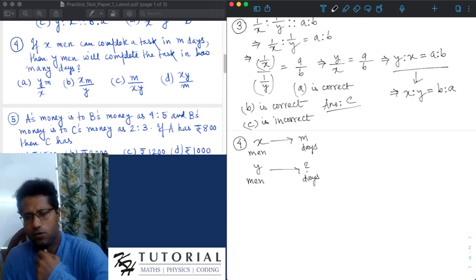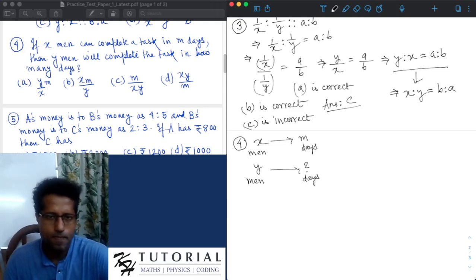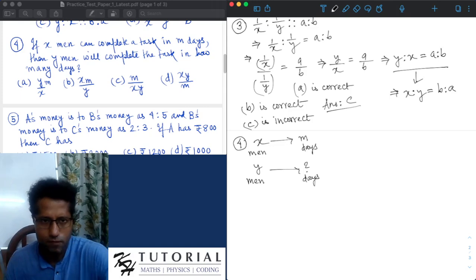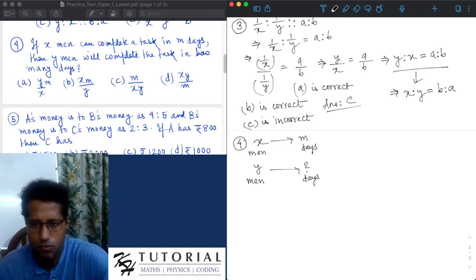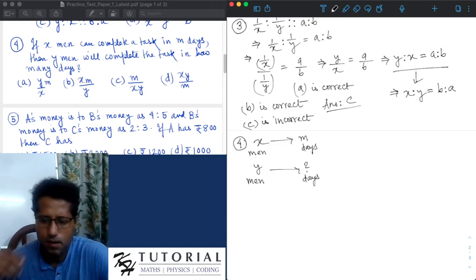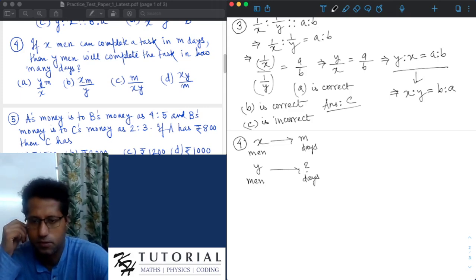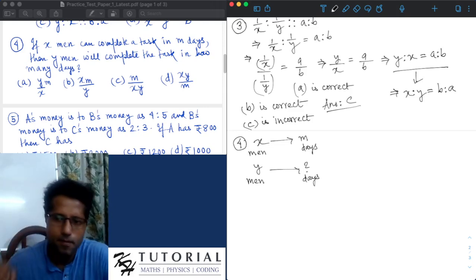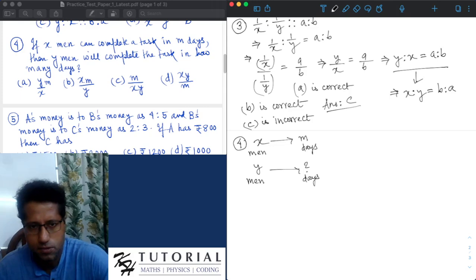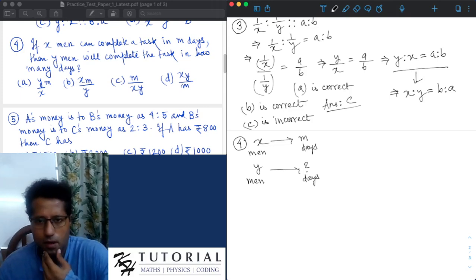Now, to solve this specific type of problem, you have to understand one thing, which is about direct variation and indirect variation, which is actually a concept on a unitary method, but this kind of problem is often given in the chapter of ratio and proportion.